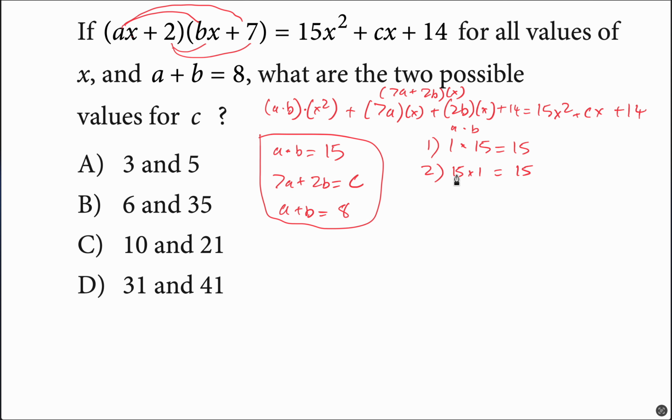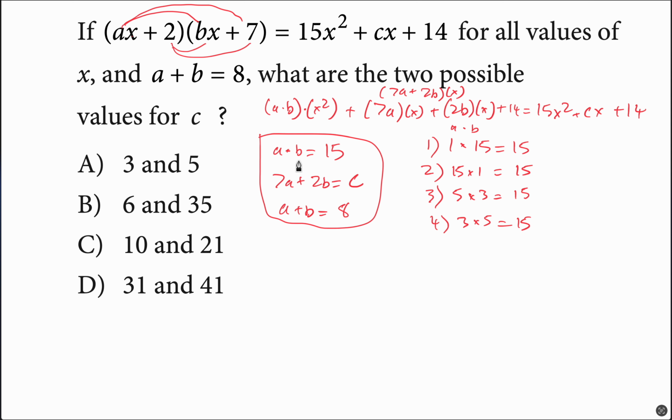So now a equals 15, b equals 1. Okay, so that's the second choice. What else do we have? We have 5 times 3 equals 15, and then you swap the position, so you have 3 times 5 equals 15. So those are the 4 choices based on the first criteria.